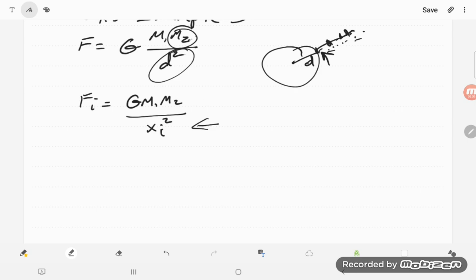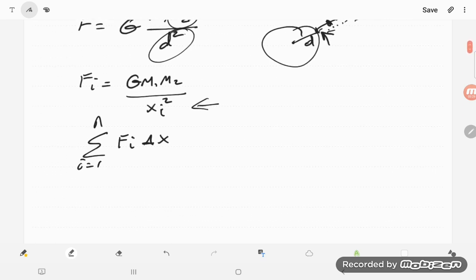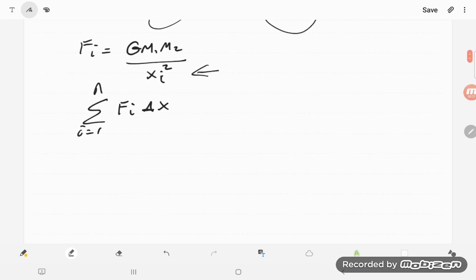Well, that distance is delta x, and so we're going to add up all these f sub i's times our little delta x's, i equals 1 to n, and we're going to let that n go to infinity, delta x go to 0, and so that is going to produce our integral here. And so we need to fill in all these things.